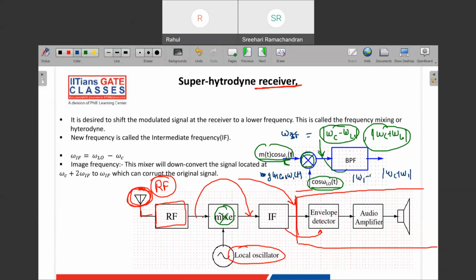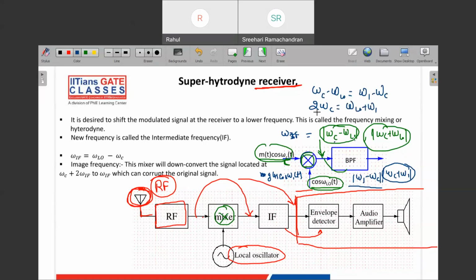One will get rejected by the band pass filter, but if omega_1 minus omega_c is equal to omega_c minus omega_LO, then this signal will also pass through the filter. So the condition here is that omega_c minus omega_LO is equal to omega_1 minus omega_c, or you can say that 2 omega_c is equal to omega_LO plus omega_1.